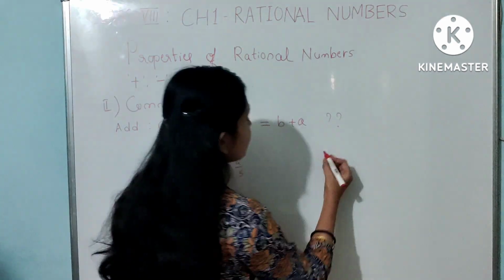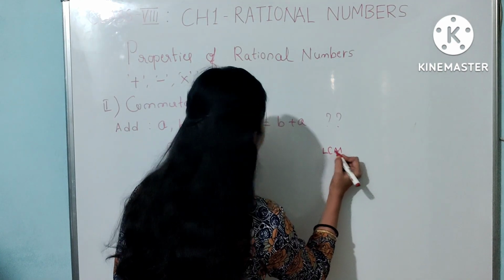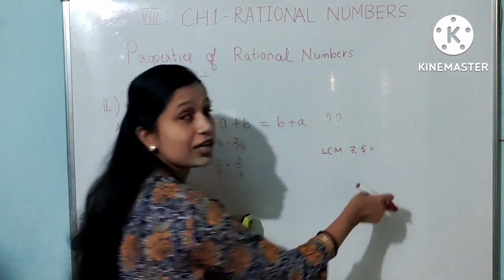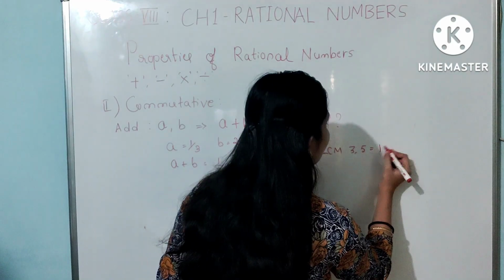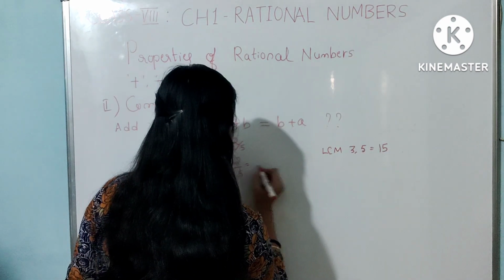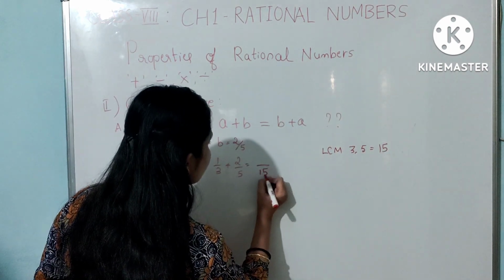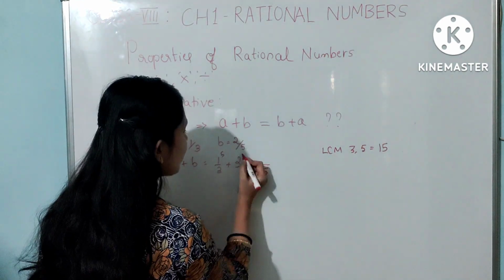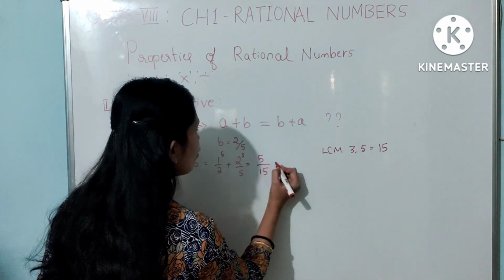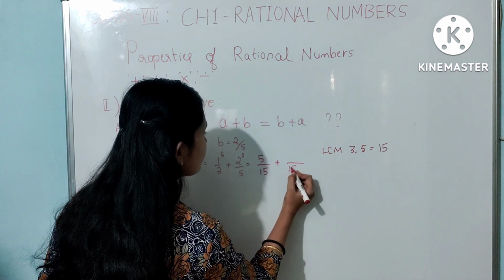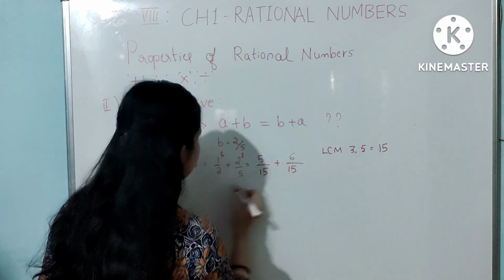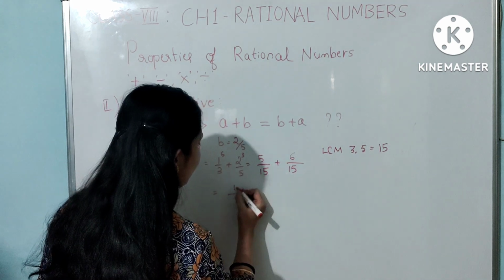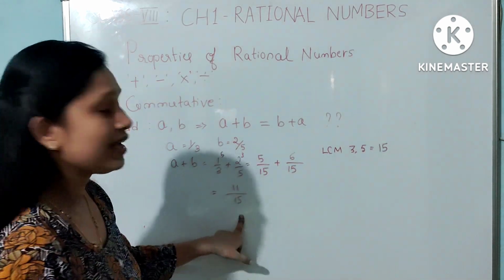We learned LCM. So we have to take the LCM of 3 and 5, which is 15. The denominator value should be the same. So 5 plus 6, the denominator is the same now, so 11/15.